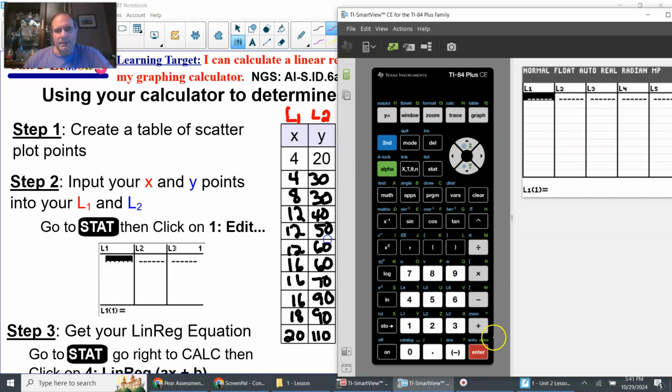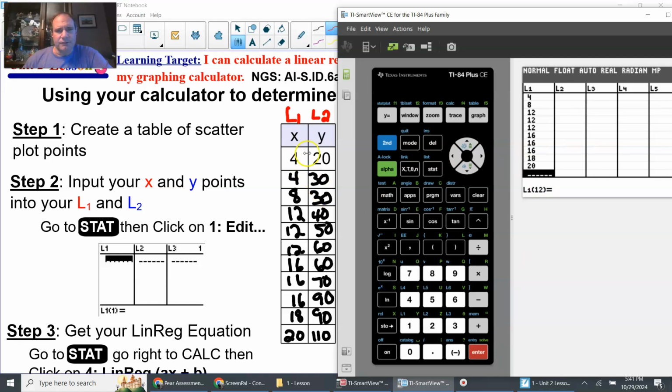So I'm going to put this in: 4, enter, 2 4s, 1 8, 3 12s, 3 16s, 1 18, and 21.